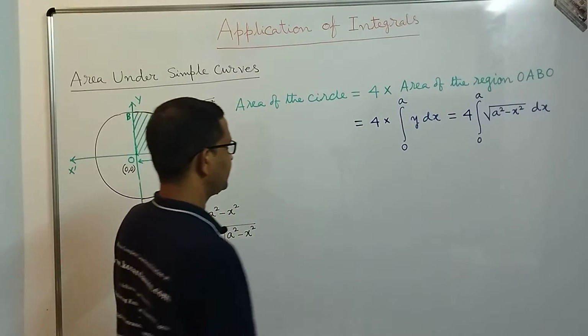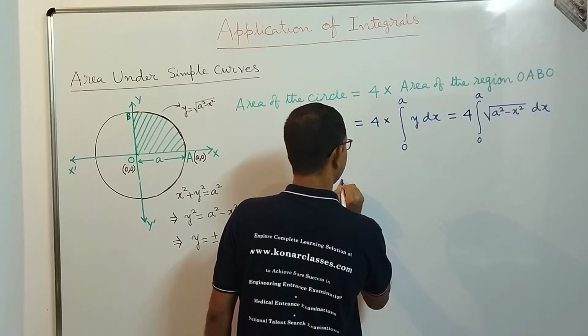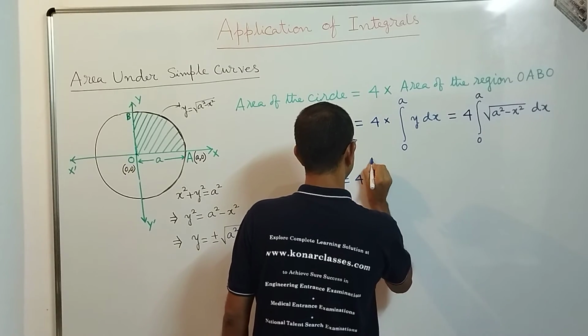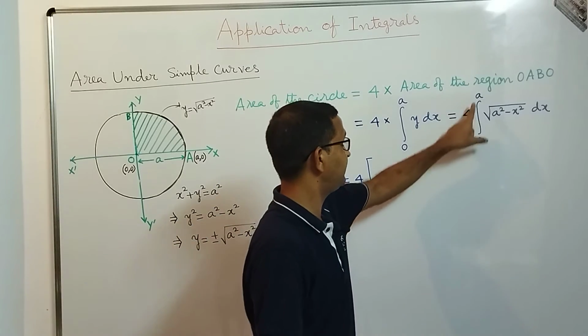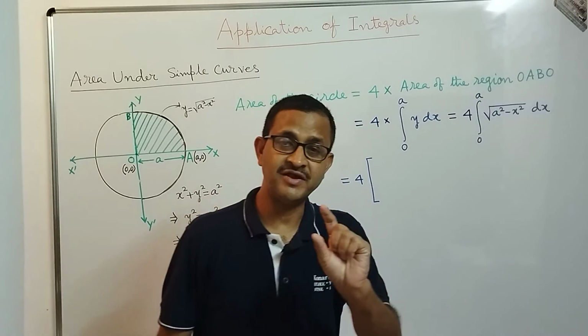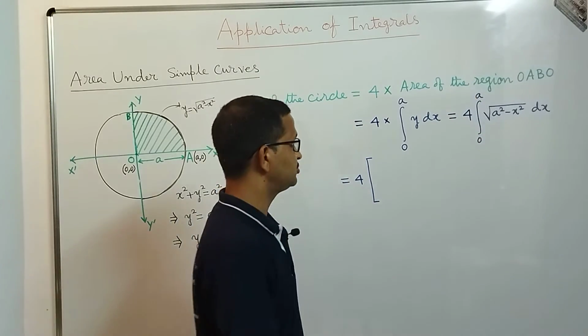So let's find this, dear students. We know 4 into, so as I said, you need to have a good understanding of finding the value of a definite integral. So what will it be?